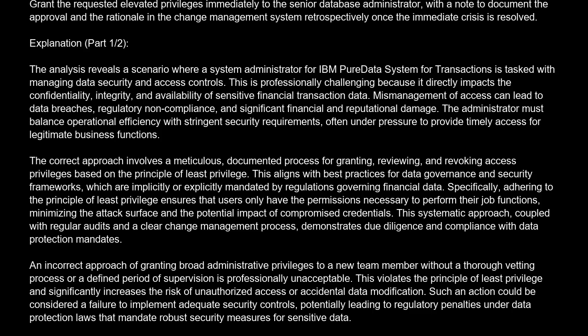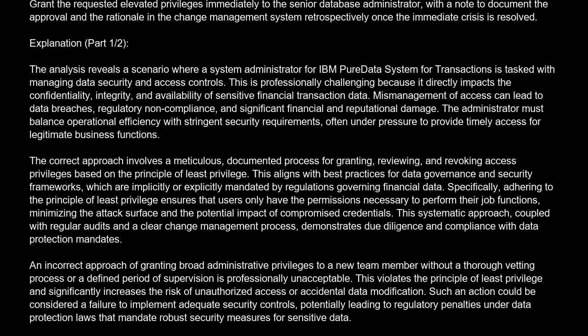Specifically, adhering to the principle of least privilege ensures that users only have the permissions necessary to perform their job functions, minimizing the attack surface and the potential impact of compromised credentials. This systematic approach, coupled with regular audits and a clear change management process, demonstrates due diligence and compliance with data protection mandates.